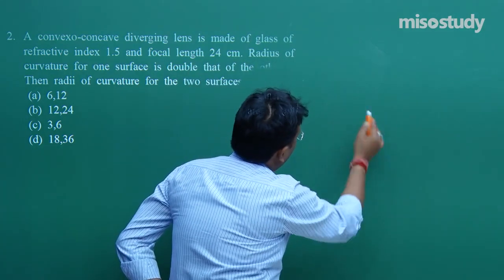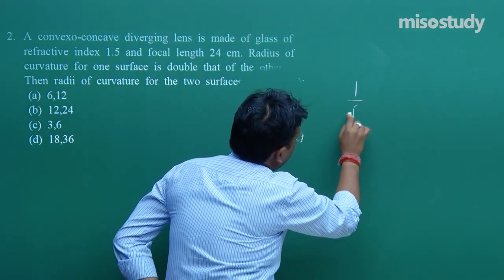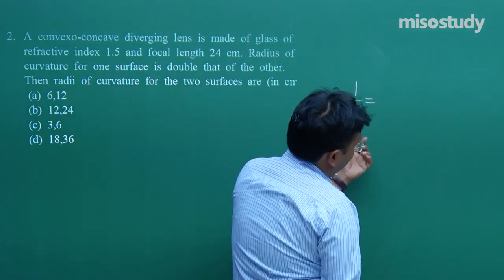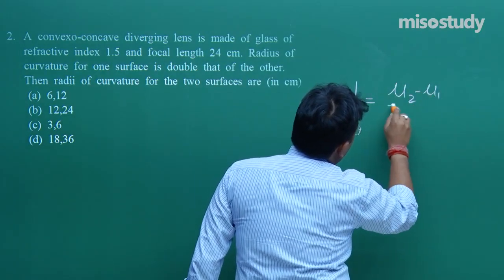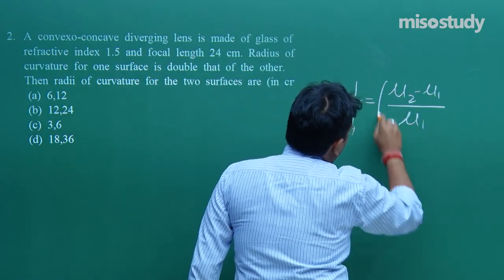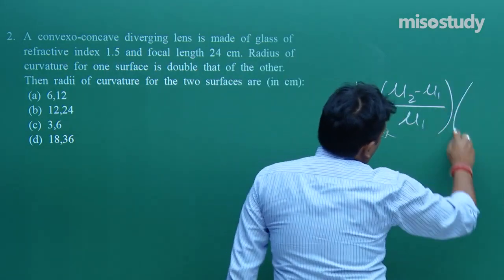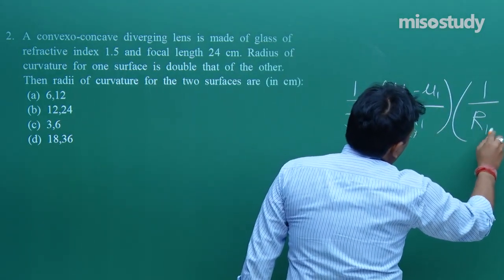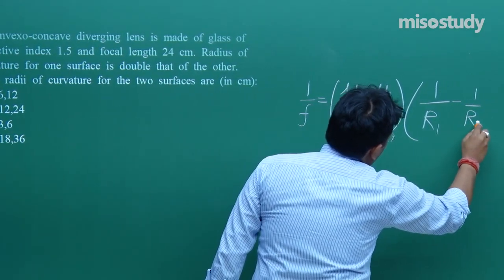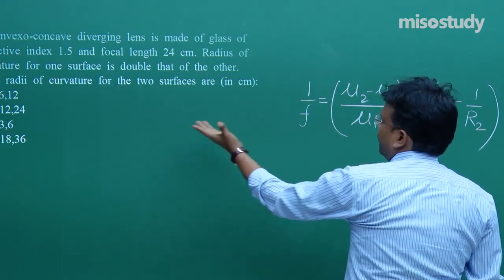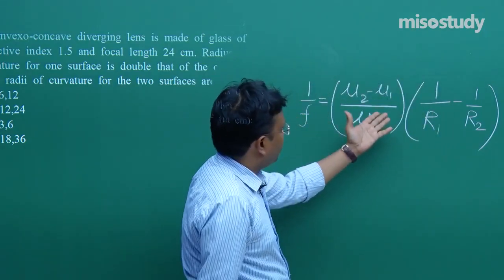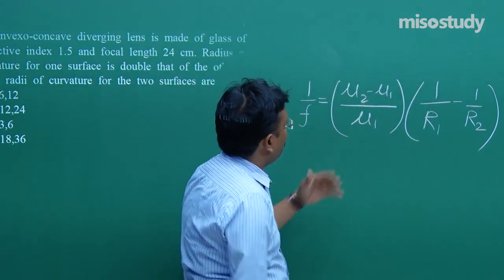The formula which I am going to explain is 1 upon F is equal to (mu2 minus mu1) upon mu1, within bracket, 1 upon R1 minus 1 upon R2. I am sure you all are aware of this basic formula.